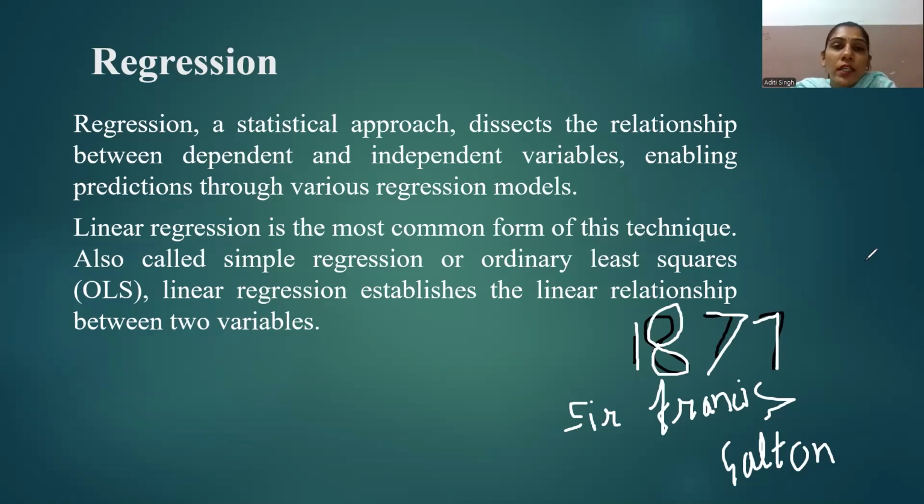In both, we calculate a coefficient: the coefficient of correlation and the coefficient of regression. The correlation coefficient is independent of the unit of measure, whereas the regression coefficient is not independent of the unit of measure.